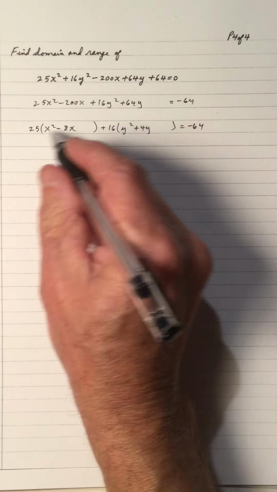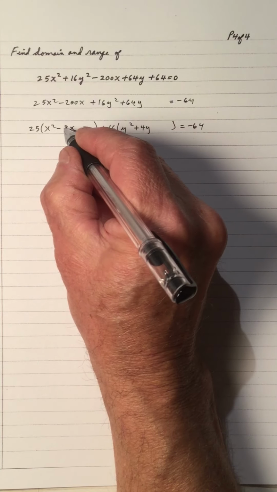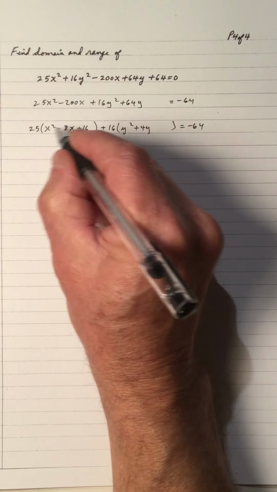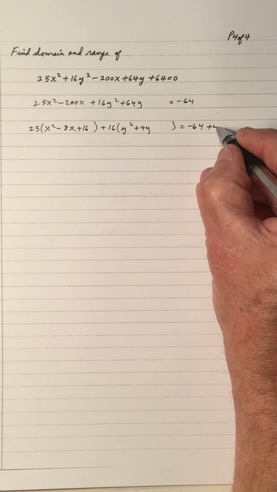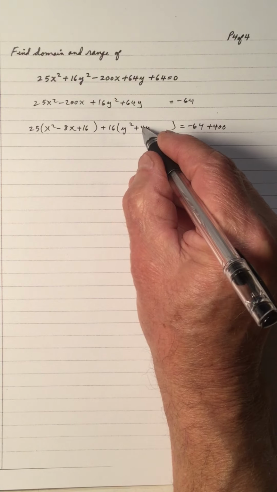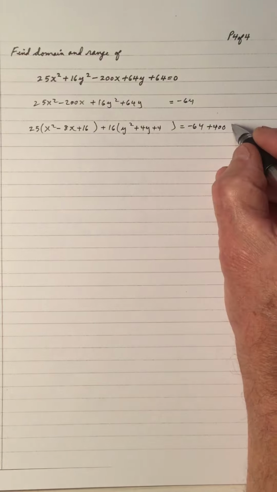Now we complete the square. Half of negative 8 is negative 4, squared is 16. 25 times 16 is 400. And half of 4 is 2, 2 squared is 4, 16 times 4 is 64.